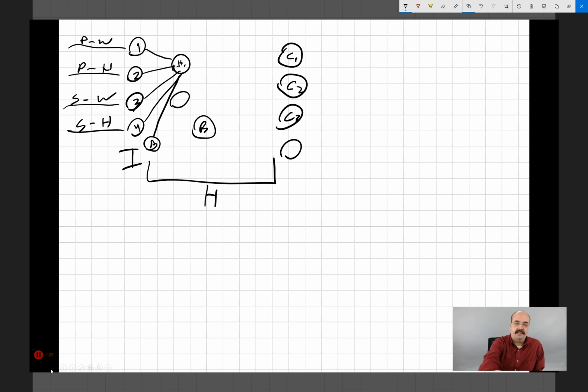Then each of these connects to the next layer. I won't draw it all the way out because there will be a lot of, oh, by the way, this is class 4. There is no bias neuron on the output layer. Only the input layer and subsequent hidden layers have it. So this is a single layer neural network. Single hidden layer.